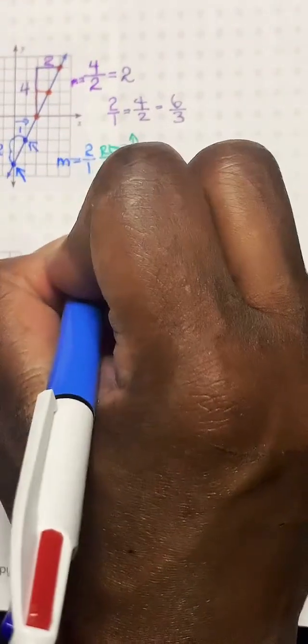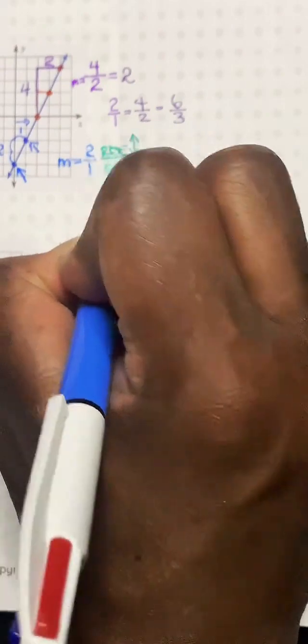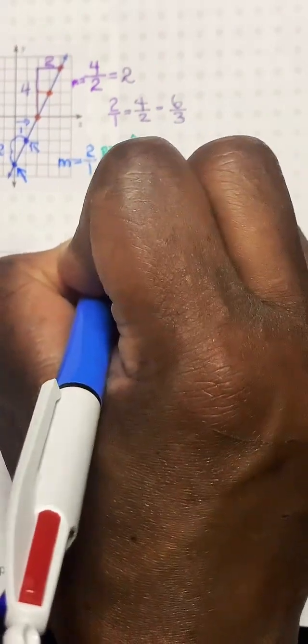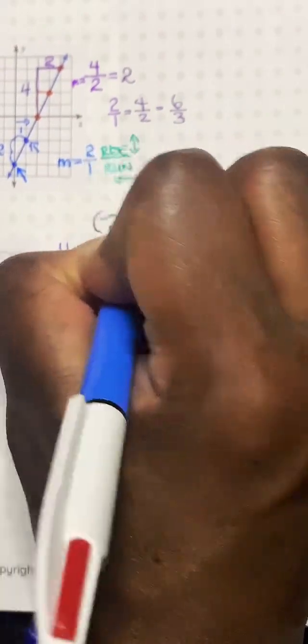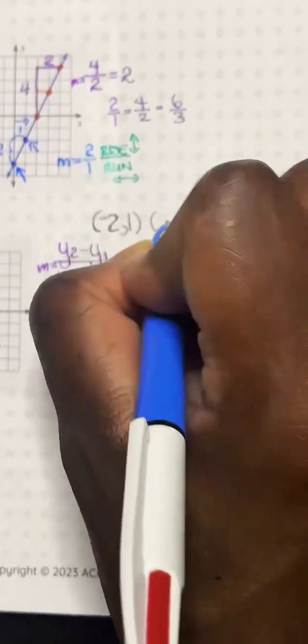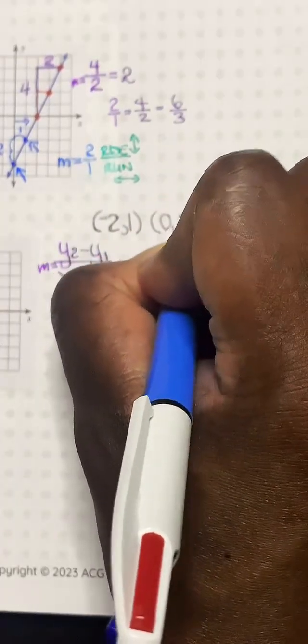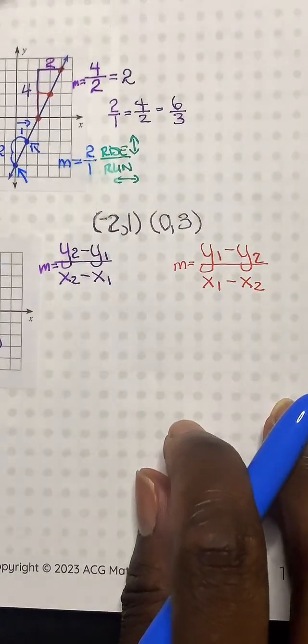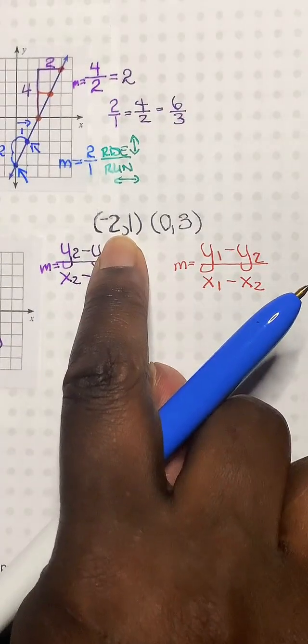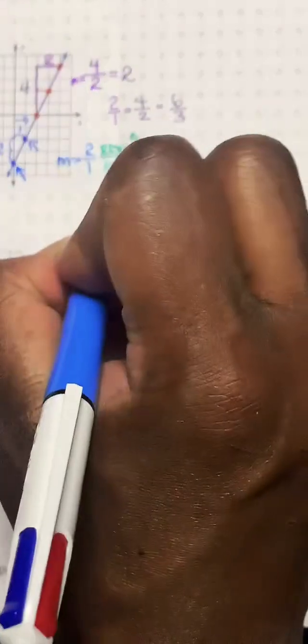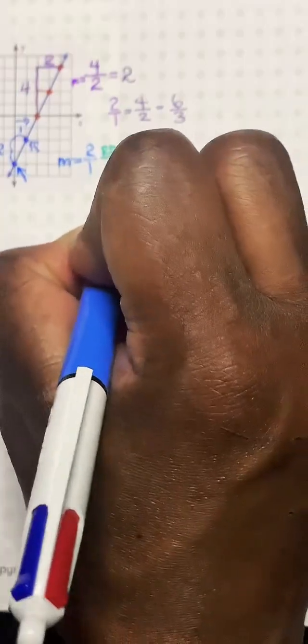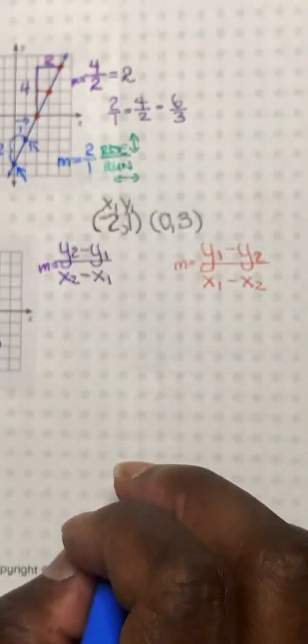So we have our 2 points. So our first point was -2 and 1. Sorry, I'm writing on my tape. And the other point was 0, 3. Okay, since this was our very first point that we got, this will be my x sub 1 and my y sub 1.